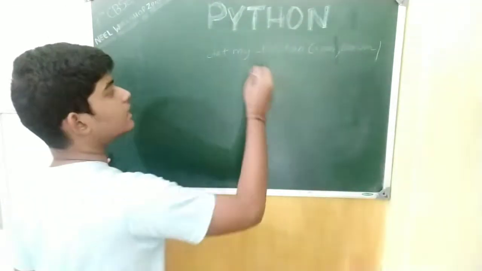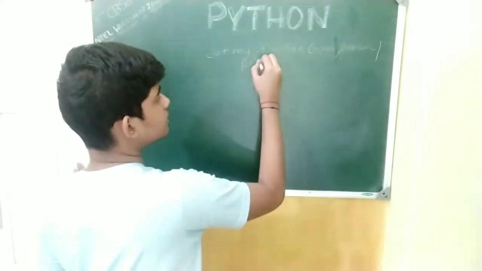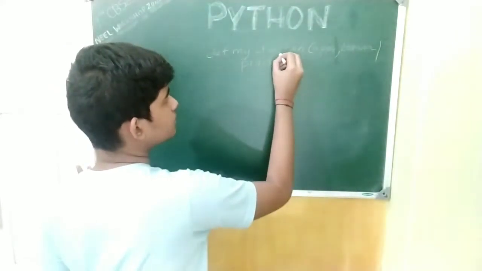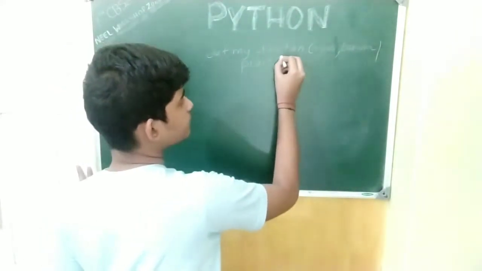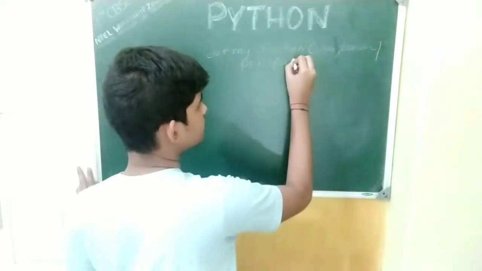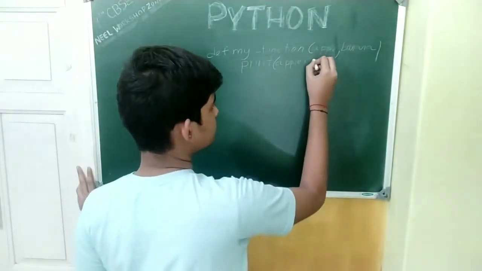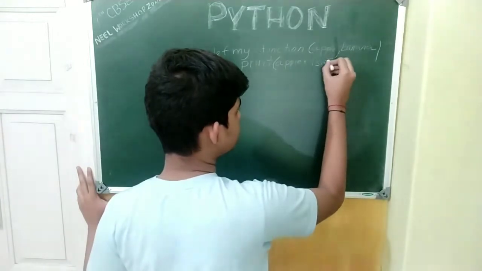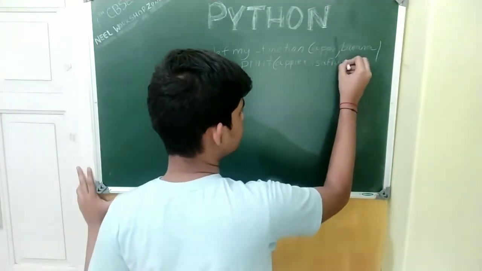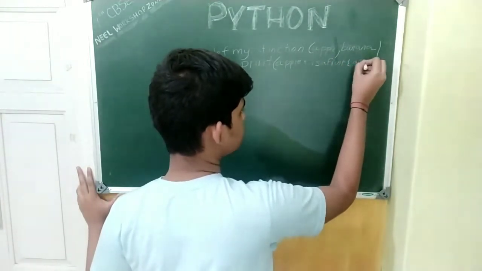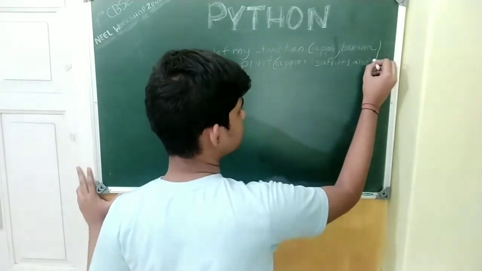So for example, let's write print apple plus is a fruit, and also banana.